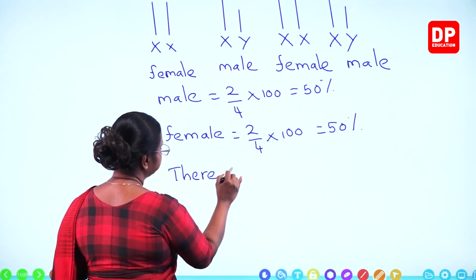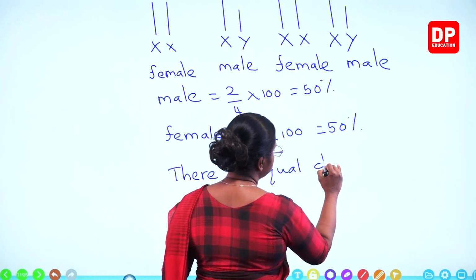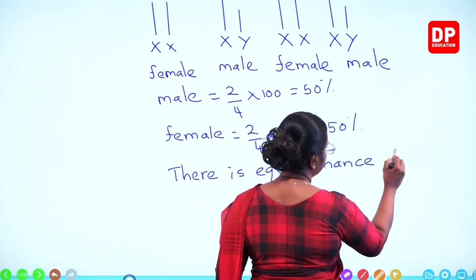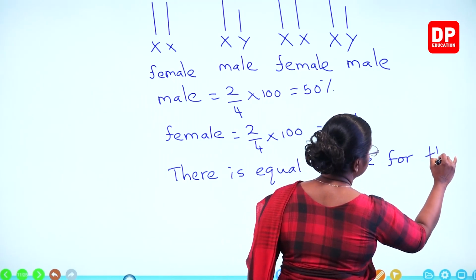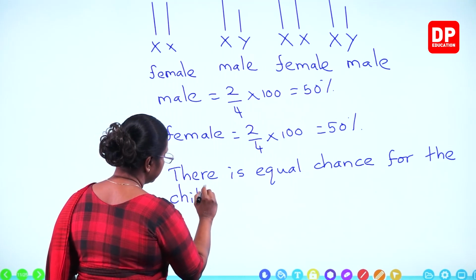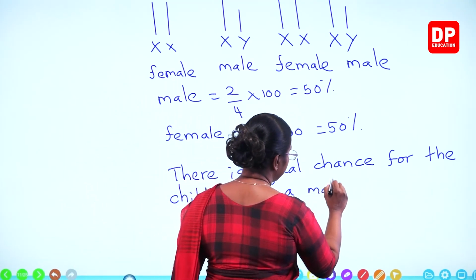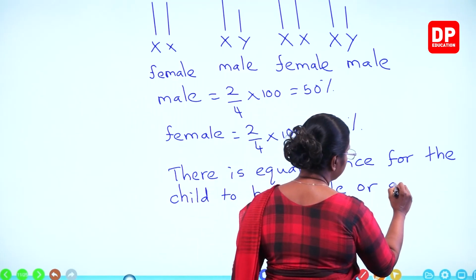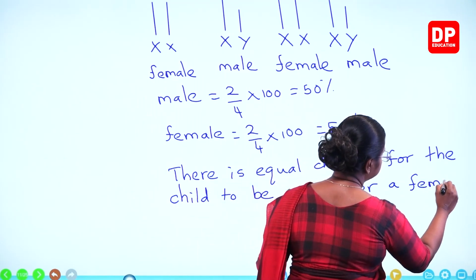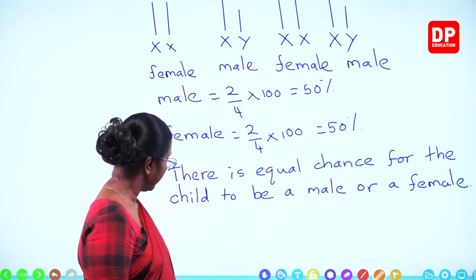There is equal chance for the child to be a male or a female. So that is what we had to explain.